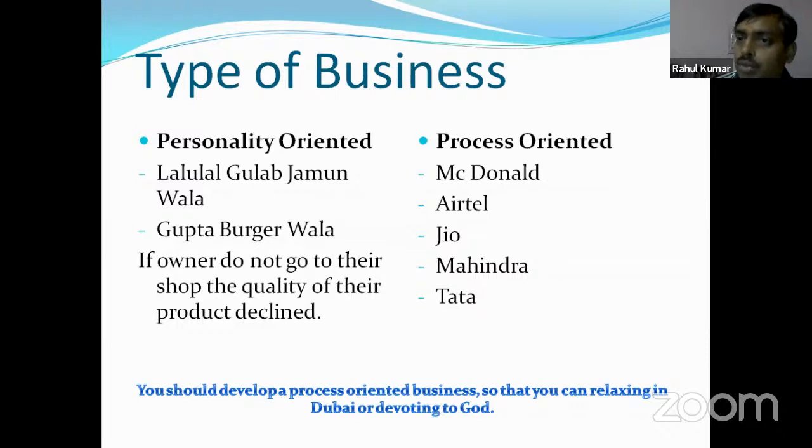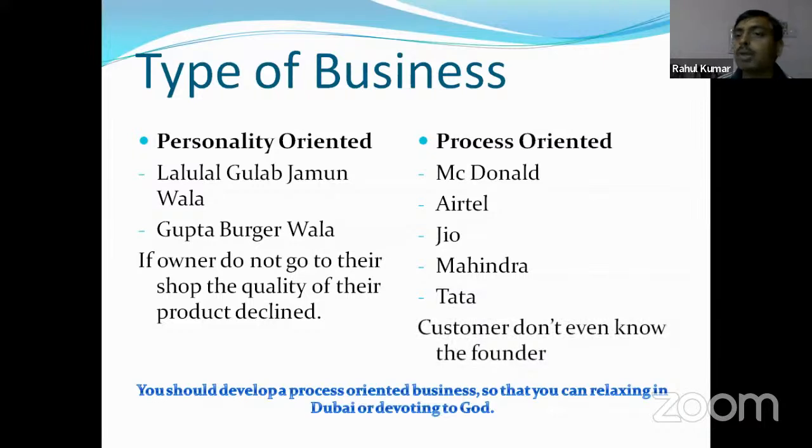No compromise with the quality. So customers are not waiting. Whatever the customer demands, they get it on time. Customers don't even know the founder. That kind of company is said to be process oriented. That type of business is termed as process oriented.